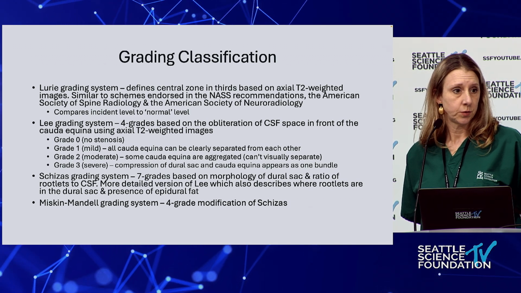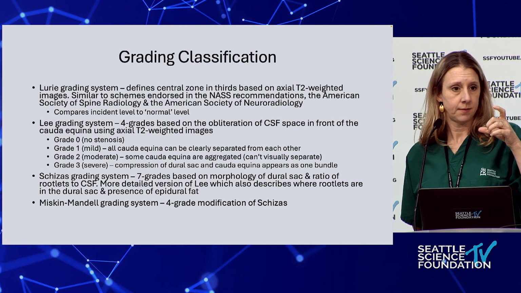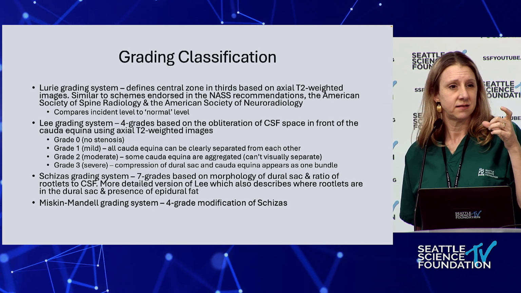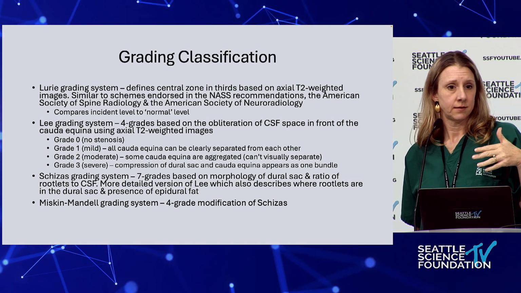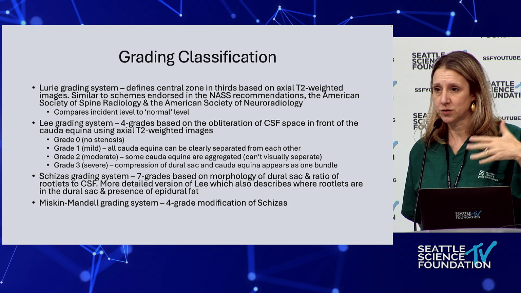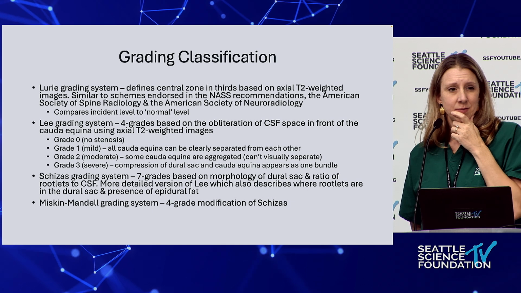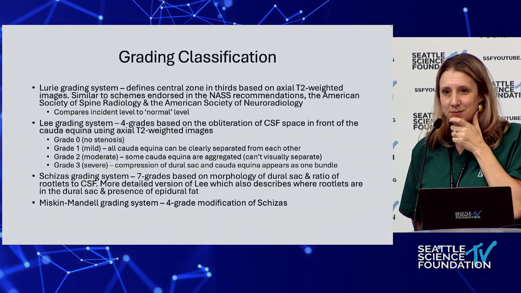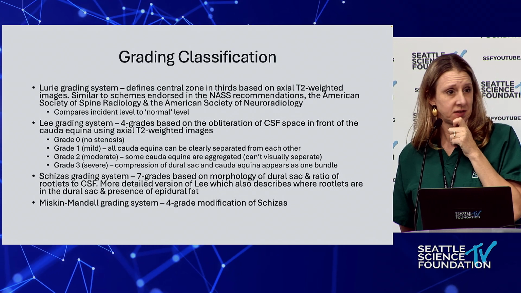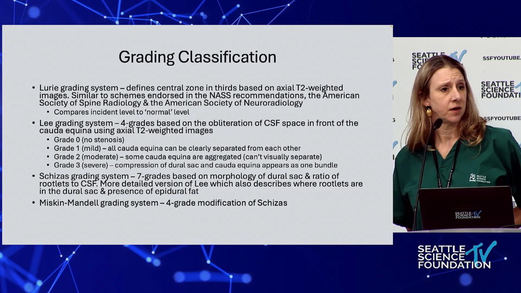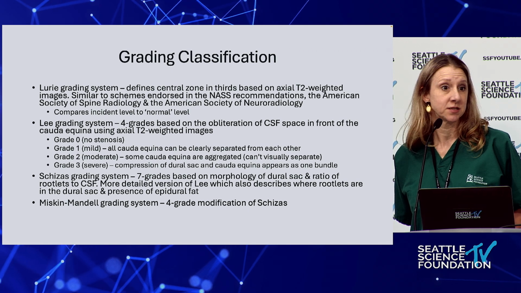So if you look at a sagittal view of the central canal, the Lurie system is going to grade according to dividing that dimension into thirds, and the grades would be according to how far along those dimensions the stenosis is affecting. One of the challenges with the Lurie system is that you have to have a normal to compare against, and so this depends on it being a focused stenosis. If it's multi-level stenosis, then you're not going to have a normal to compare against, so you won't know what your 0 out of 3 in that measurement looks like.